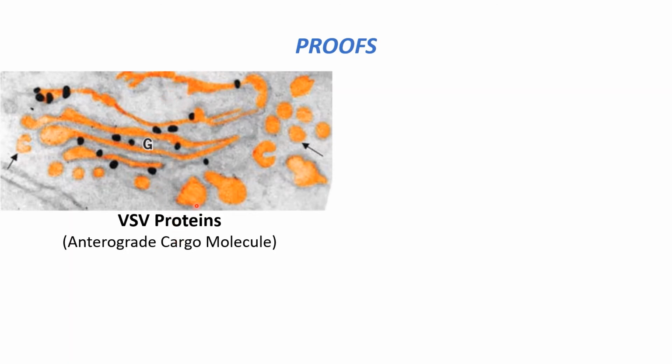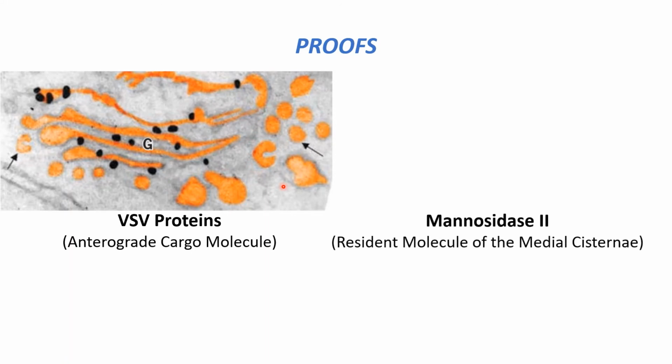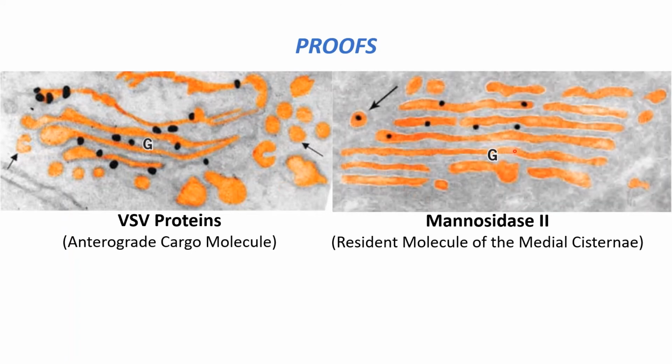And notice here, all of these proteins are only found in the Golgi stacks, and none of them, as shown in this arrow here, are found in the vesicles. And then here we have mannosidase 2, a resident enzyme in the medial cisternal portion of the Golgi complex. Notice how it's present here in this vesicle.